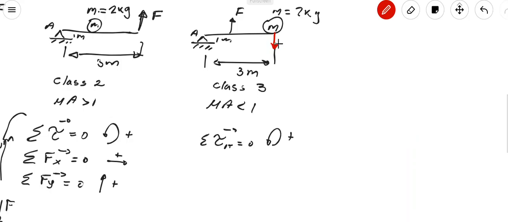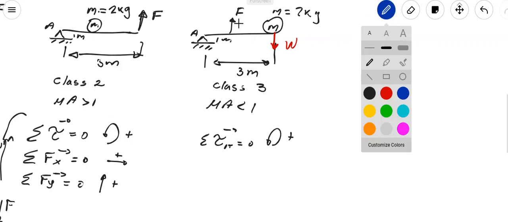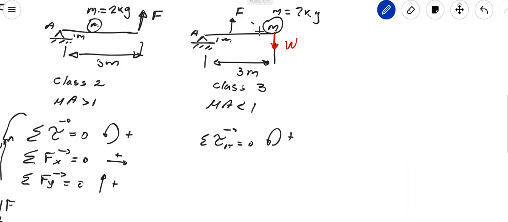It has a weight W, which is mass times gravity. The problem here is that if you don't have the force F that balances the lever, due to this mass and its position with respect to the fulcrum, this will be moving in this way. So it's moving clockwise. If it's clockwise, it's going to be negative.